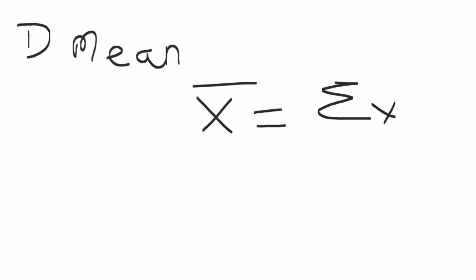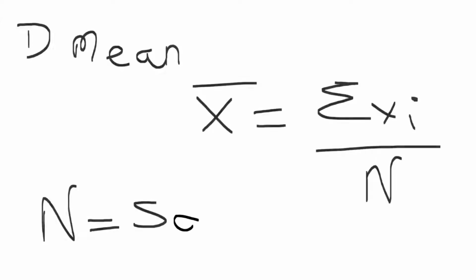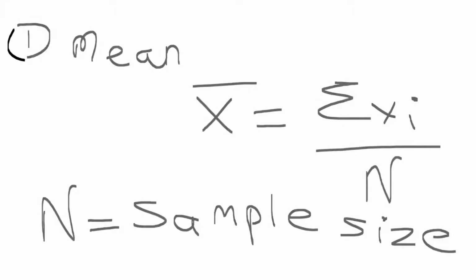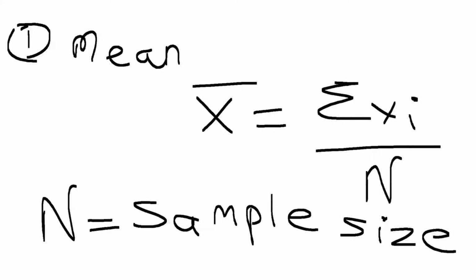What is the formula of the mean? The mean equals the summation of xi divided by the sample size, where n is the sample size. So first we have calculated the mean.